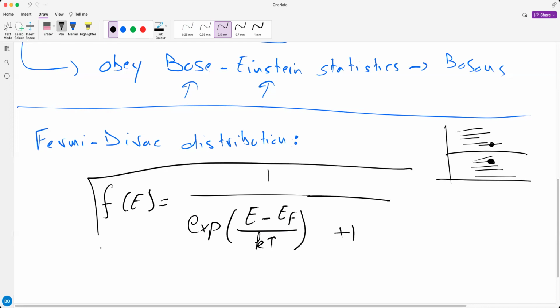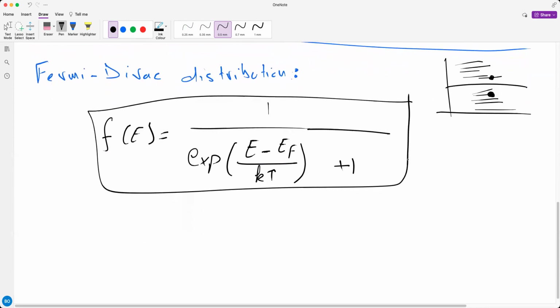So this is the Fermi-Dirac distribution. E is the energy of the state I'm talking about. EF is a very important quantity; it is important in metals and extremely important in semiconductors.